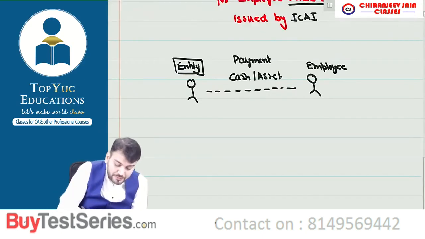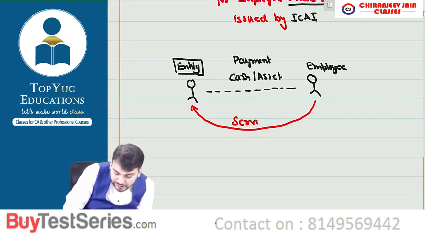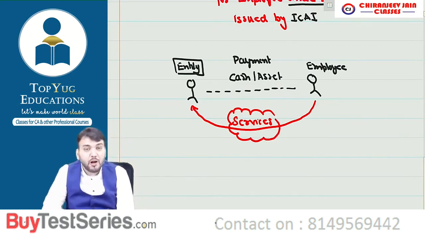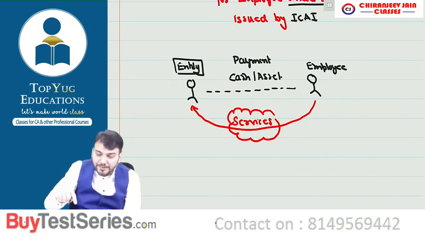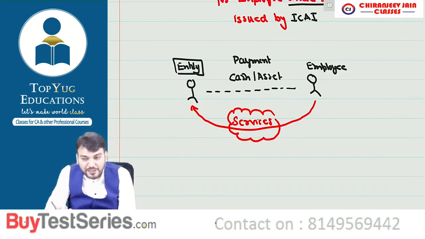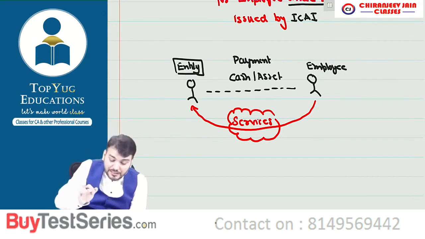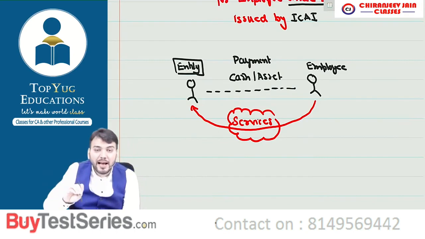But for what purpose? Because they have received some services. The services have been received by the entity, correct? So the employee will always provide services to the entity, and for those services received, the entity will pay consideration either in the form of cash or asset.